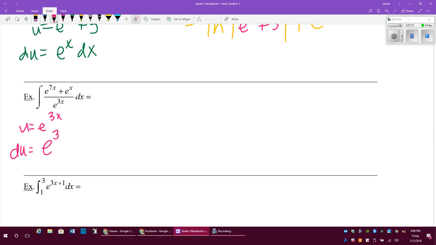It would be e to the 3x times 3 dx. And then I look at my numerator and go, oh my gosh, yuck, that's not what I have. So this is not going to work. Okay? But we can do something smart here. Anytime you have stuff in the numerator separated by addition, why not split it up into 2 parts?